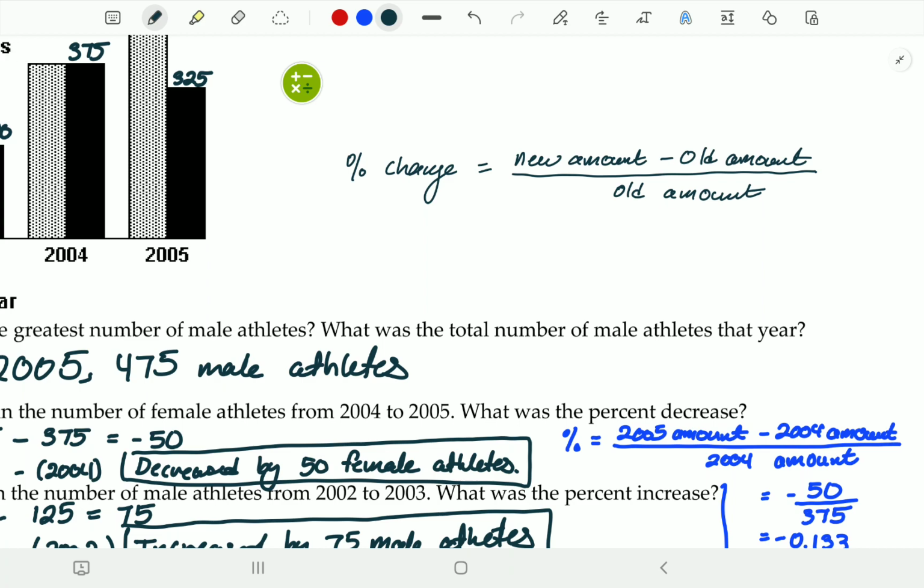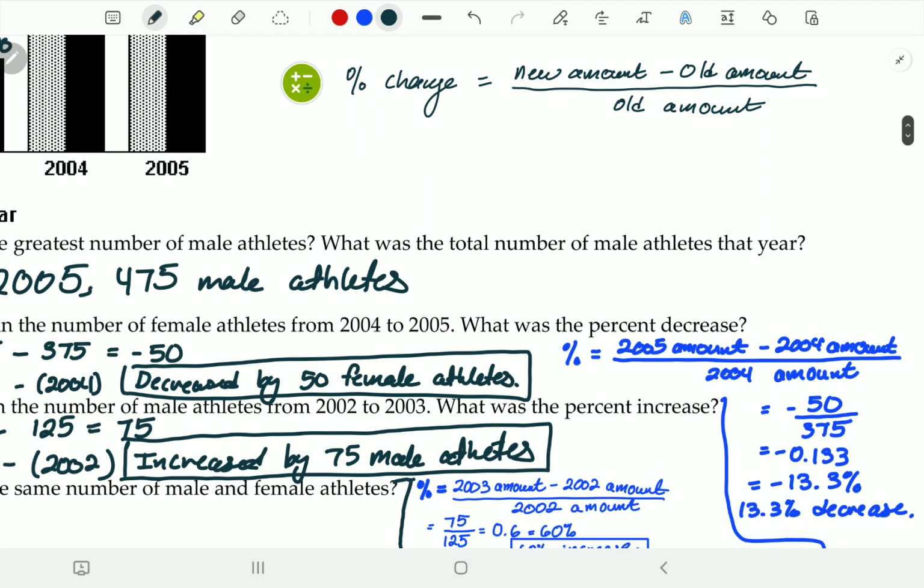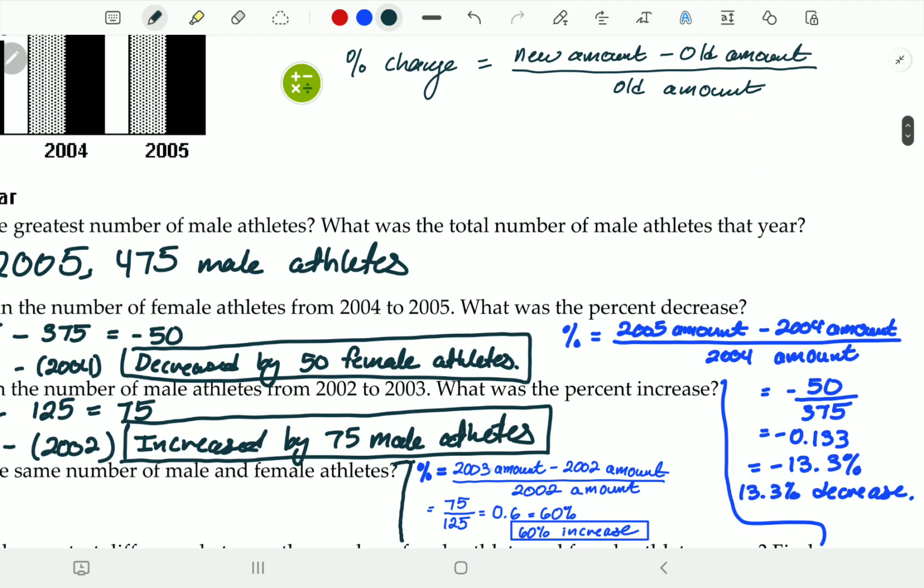And we determine new amount and old amount by the year. So between 2004 and 2005, 2005 is the new amount, 2004 is the old amount. And when we compare 2002 to 2003, 2003 is the new amount, 2002 is the old amount, because let's be real, 2002 comes before 2003. So 2002 is older than 2003.